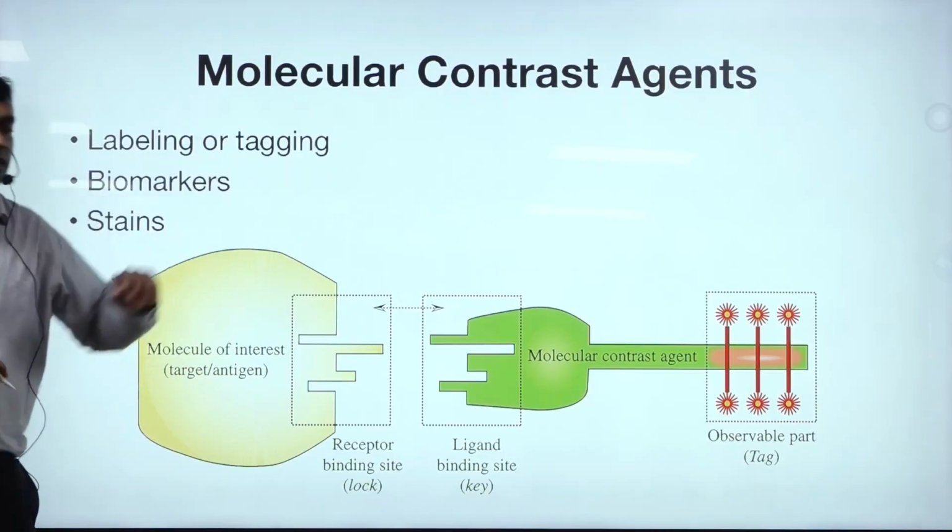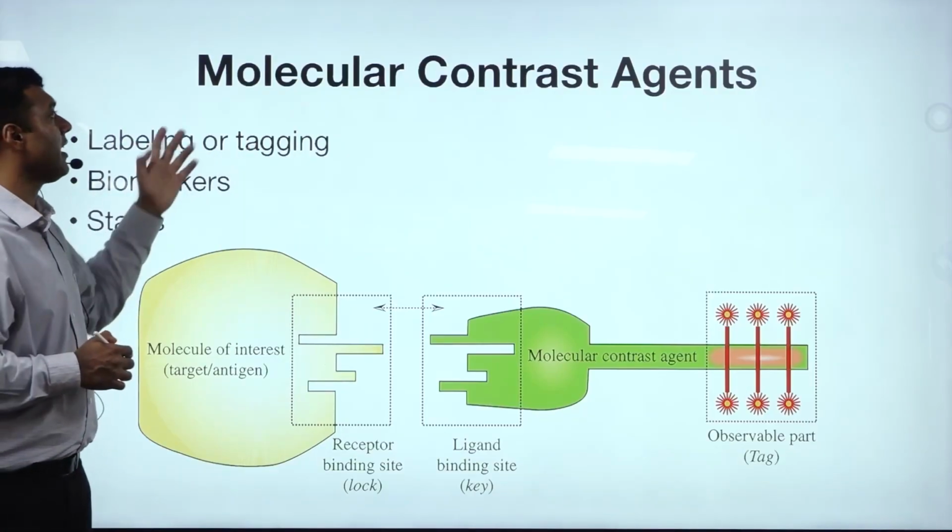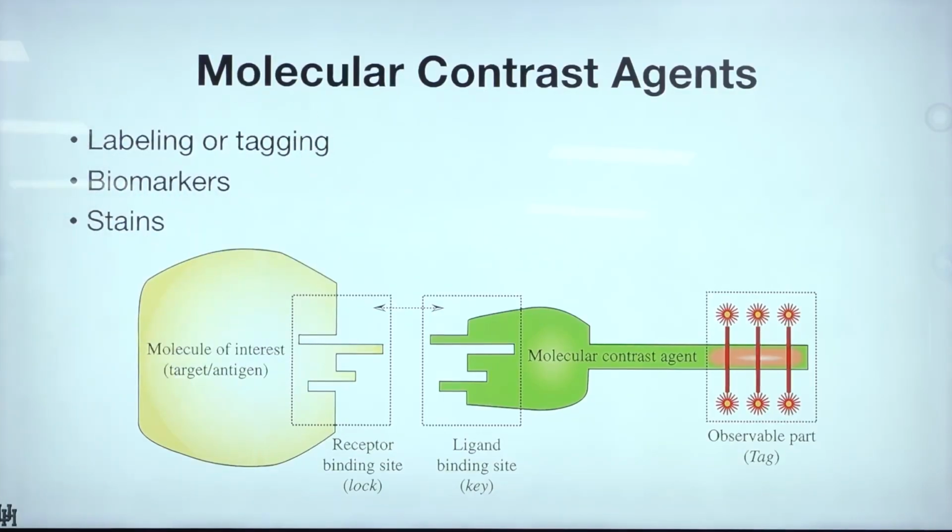So instead of having these kinds of measurements, if you want to increase the contrast inside a biological sample, you could do what is called labeling or tagging. So you can add external contrast agents.